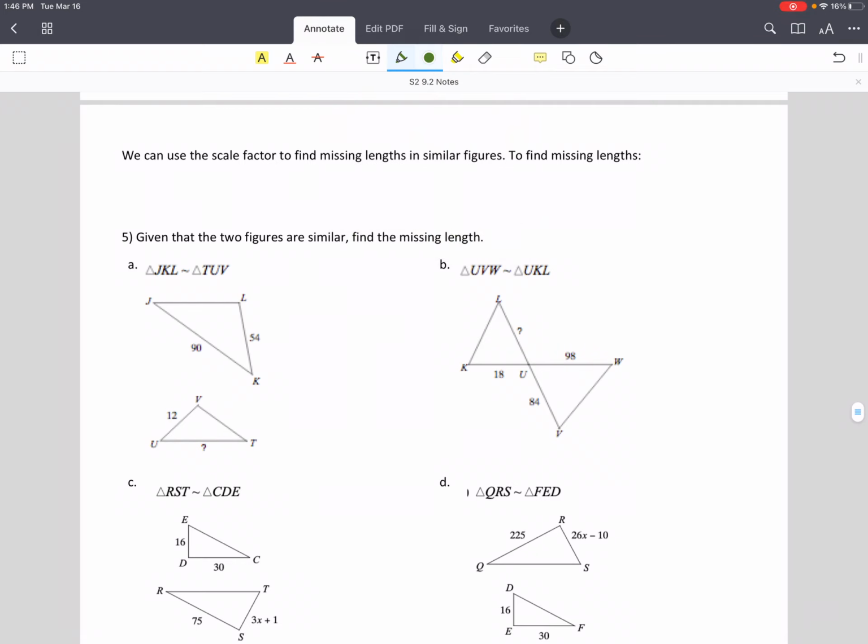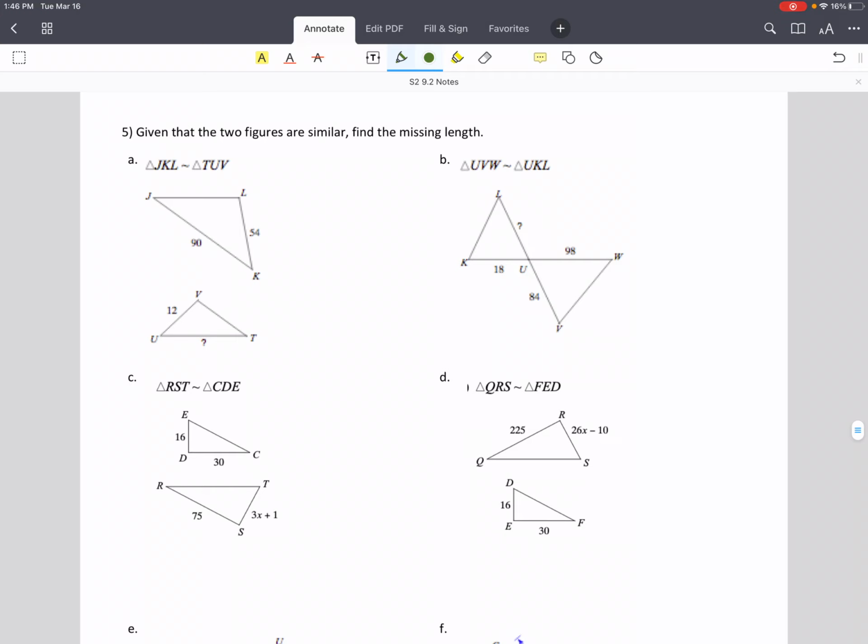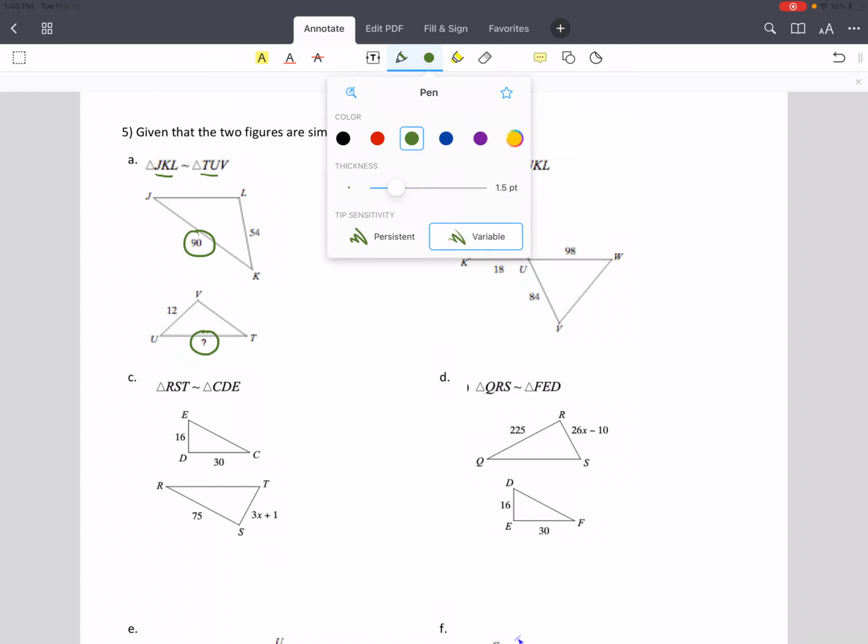Okay, so given the two figures are similar, we're going to find the missing length. Well, I have some pieces here. I see that JK is going with TU, so it's going to go with our question mark.